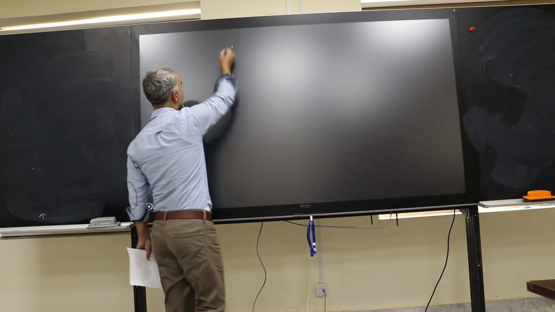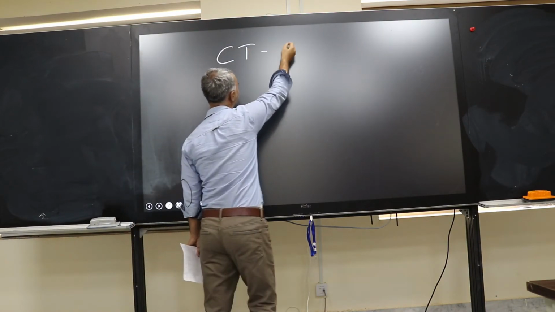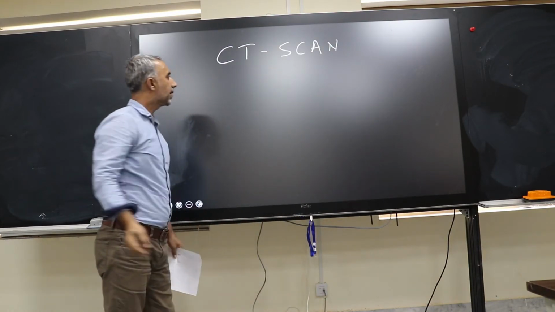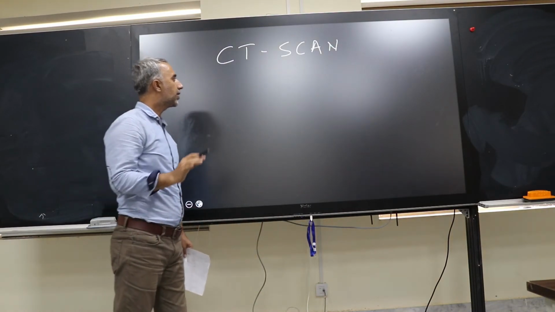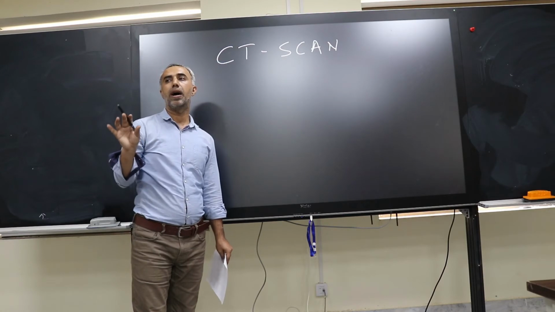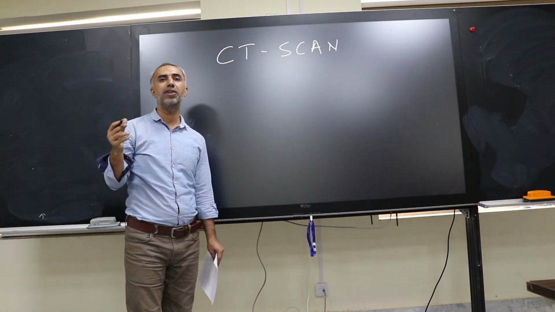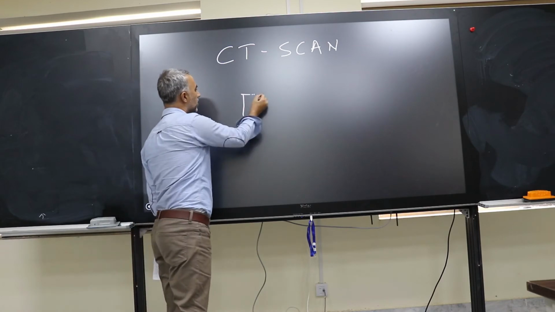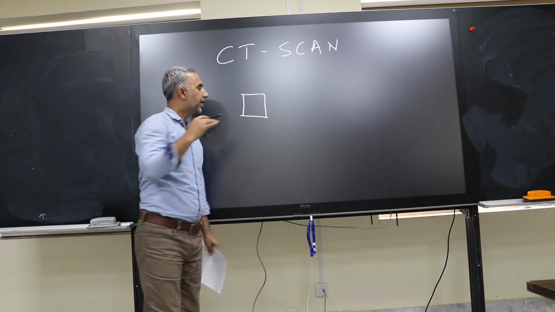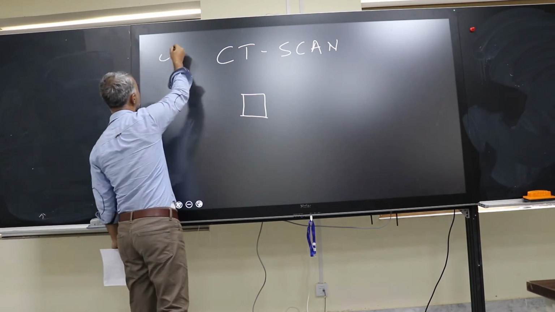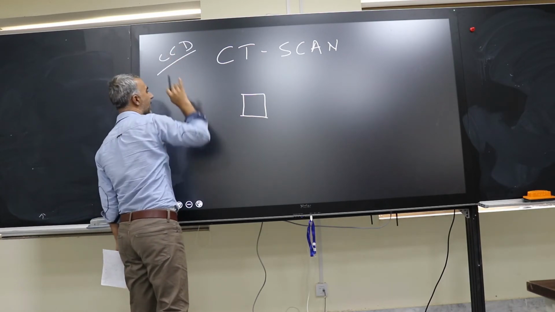You people know about the CT scan. Yes. In a CT scan, a person is passed through a machine, a CT scan machine, for getting a body scan. Suppose the person's images are stored on some CCD, charge coupled device.